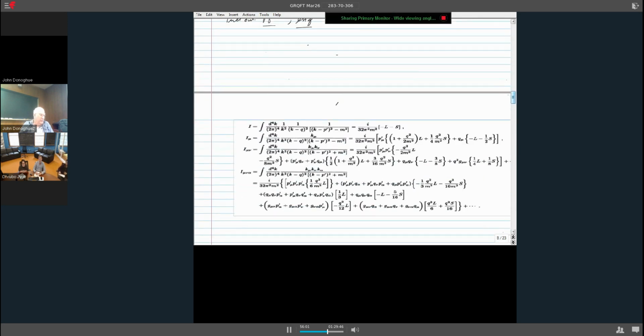Okay, so I think I've now got my argument here. GM over R C squared. H bar C is MeV Fermis. M C squared is MeV. Fermis, R is Fermis. So this then, G M H bar over R squared C cubed has the right dimensions.